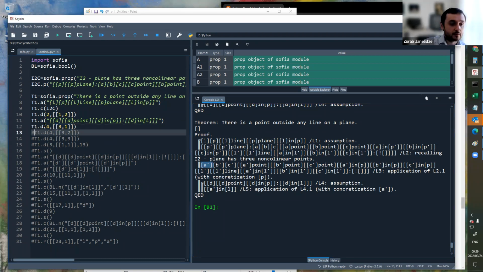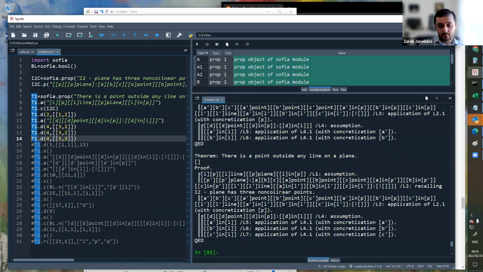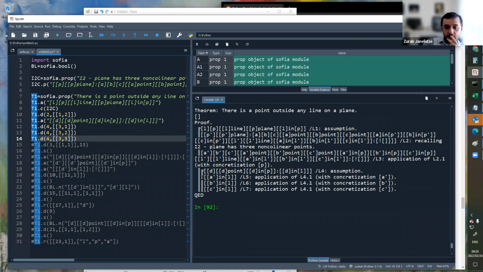Now, in the same way, we can get the other 2 points also lying on L. So we now have A prime lying on L, B prime lying on L, and C prime lying on L. But remember what we said here. We said that having a line L prime, that's a line, and such that A prime lies on L prime, B prime lies on L prime, and C prime lies on L prime, all of that implies fallacy. So that's wrong, in other words, no? But this is exactly what we have now.